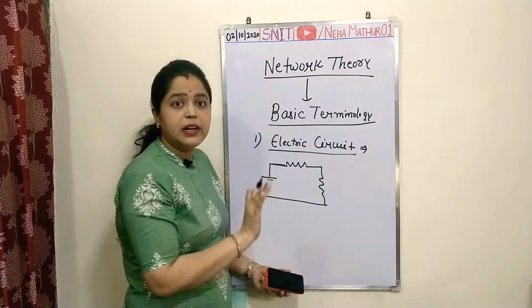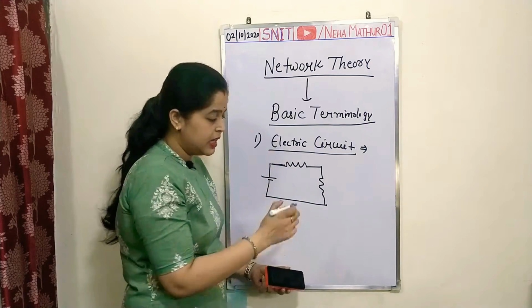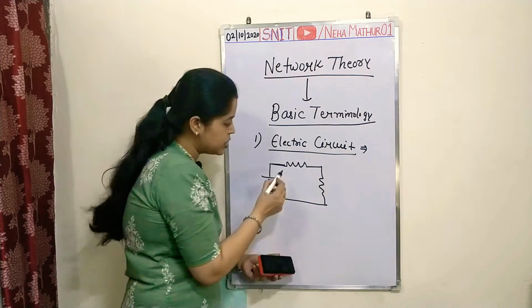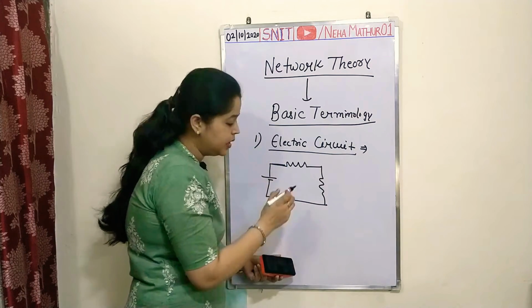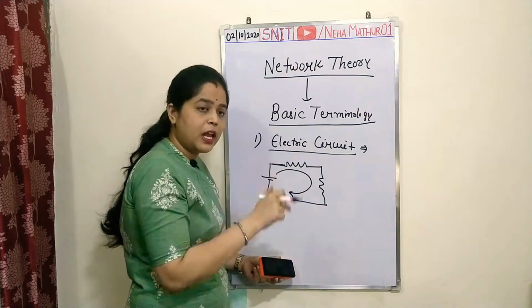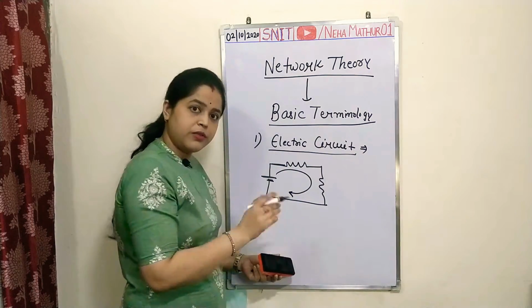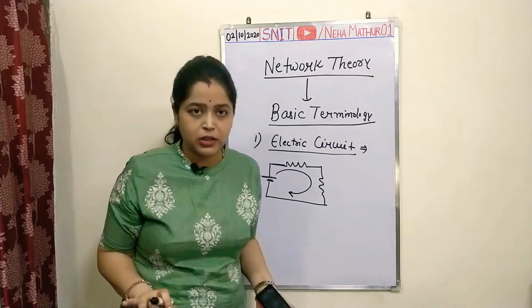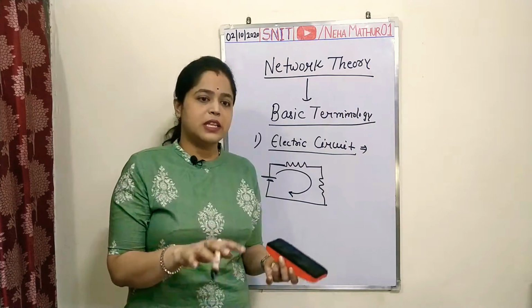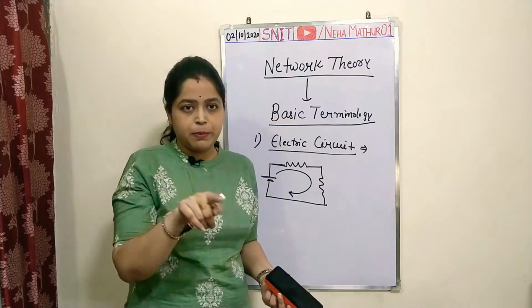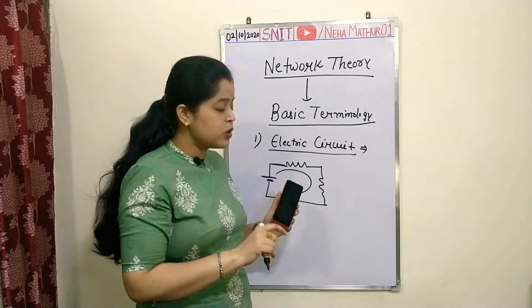This can be treated as an electric circuit because this is a closed path and the path is followed by the electrons so that a proper current can be drawn in this circuit with the help of that voltage source. Fine. So, you can define that an electric circuit is just a closed path and that path is followed by electrons so that electrons can move in that particular closed path.